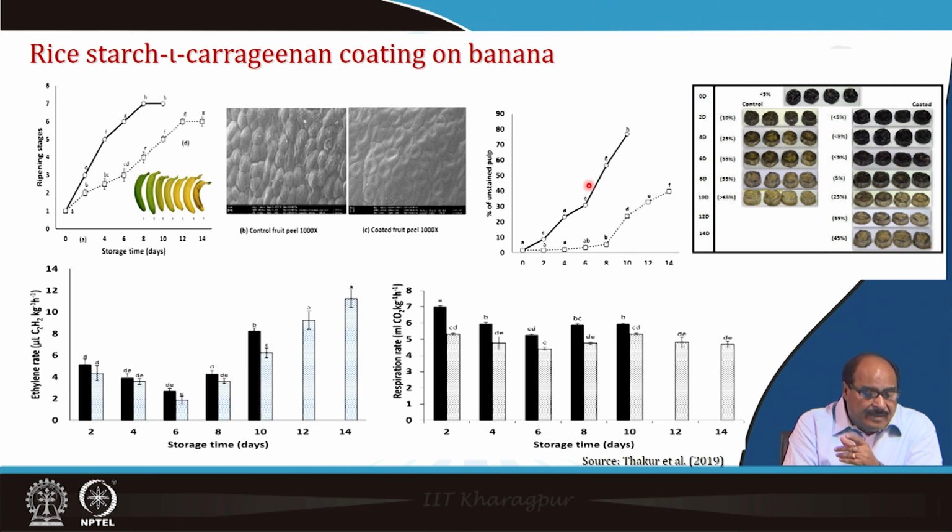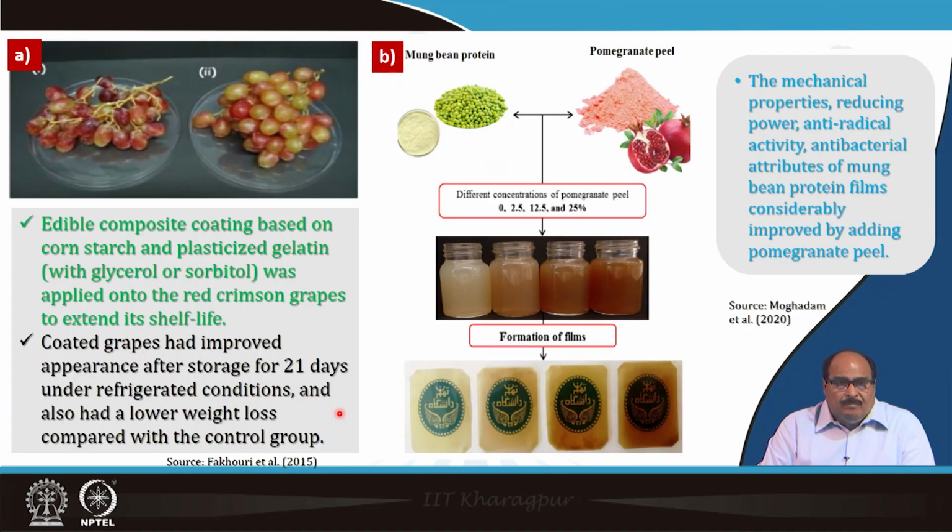Here are the ethylene production rate and respiration rate of the banana with storage time. In all cases, the ethylene production rate as well as respiration rate is high in the uncoated material and less in the coated. So the starch and carnauba based coating material on banana is giving good results.